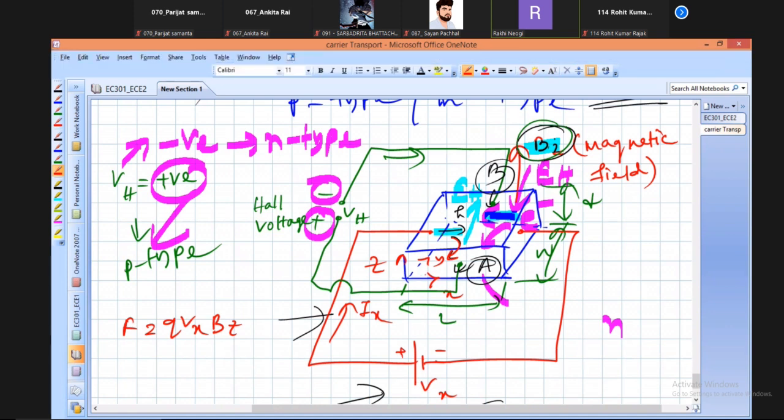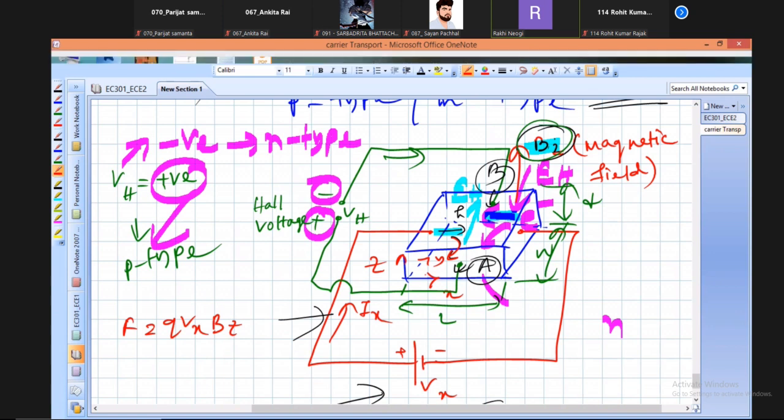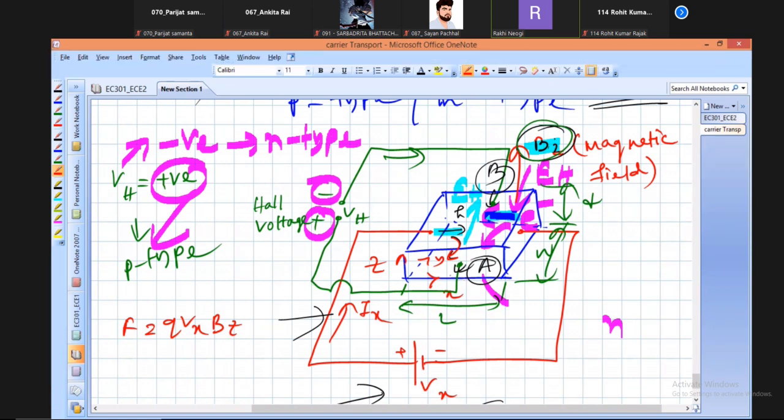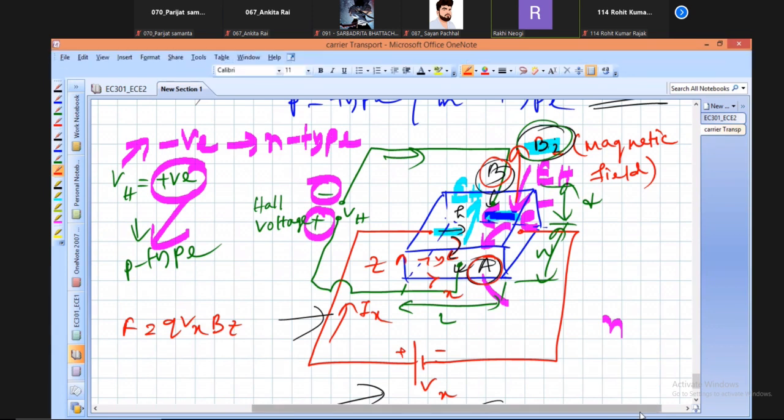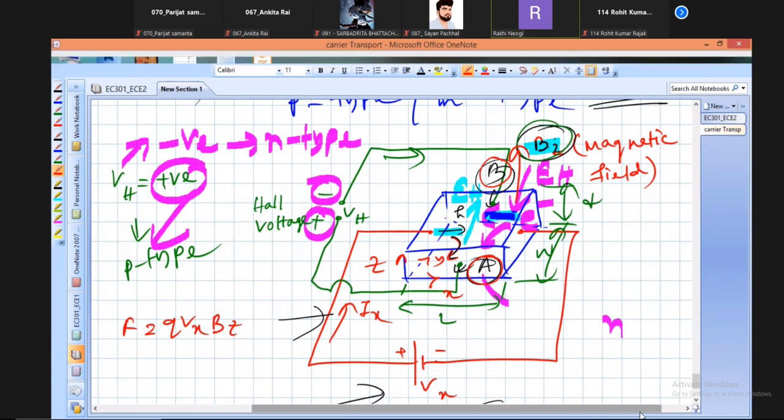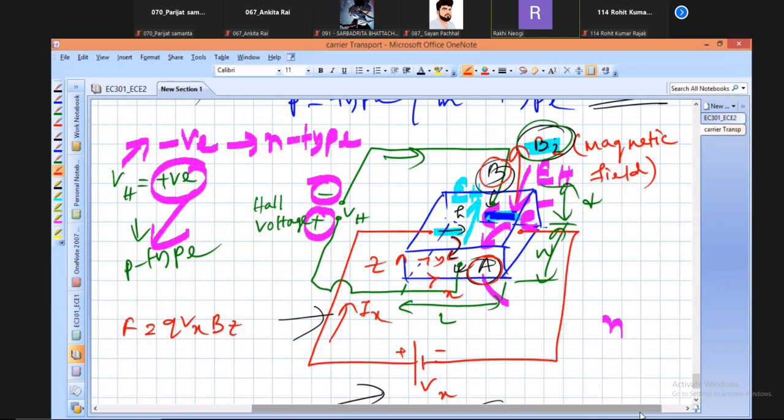Due to this force, the particles will be accumulated on one side edge, side A, compared to side B. If you consider P-type, the holes accumulate on side A, so side A becomes more positive compared to side B. We can say that charges are separated.